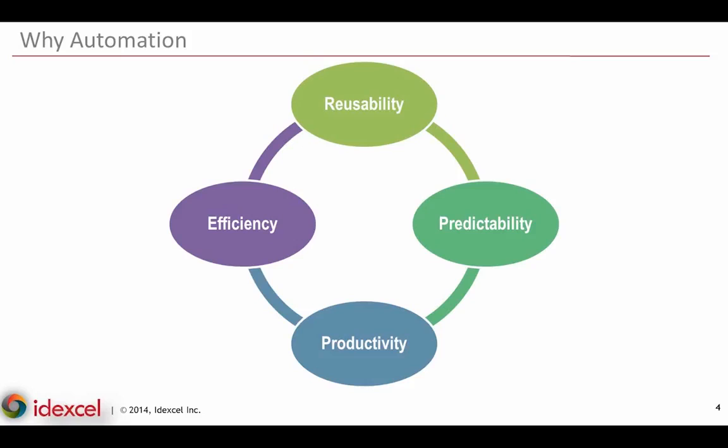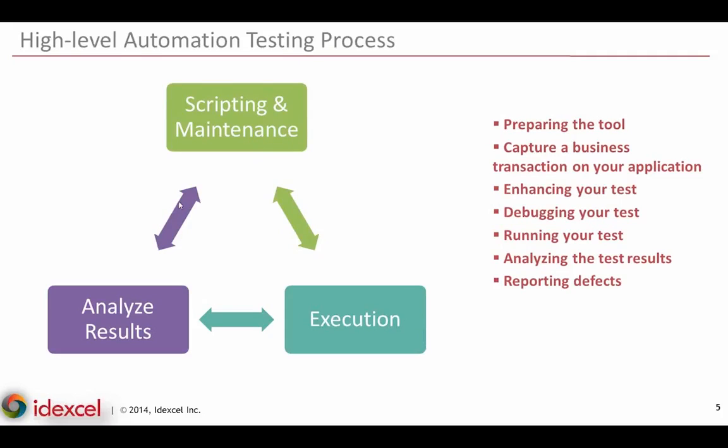If you look at the high-level automation approach, there are three main pillars, or three main core activities that happen every time. One is scripting, where you convert your manual test cases into automated test cases. We execute the test cases, and then you analyze your results to identify if it's a product issue, an application issue, or some issue with your test case.